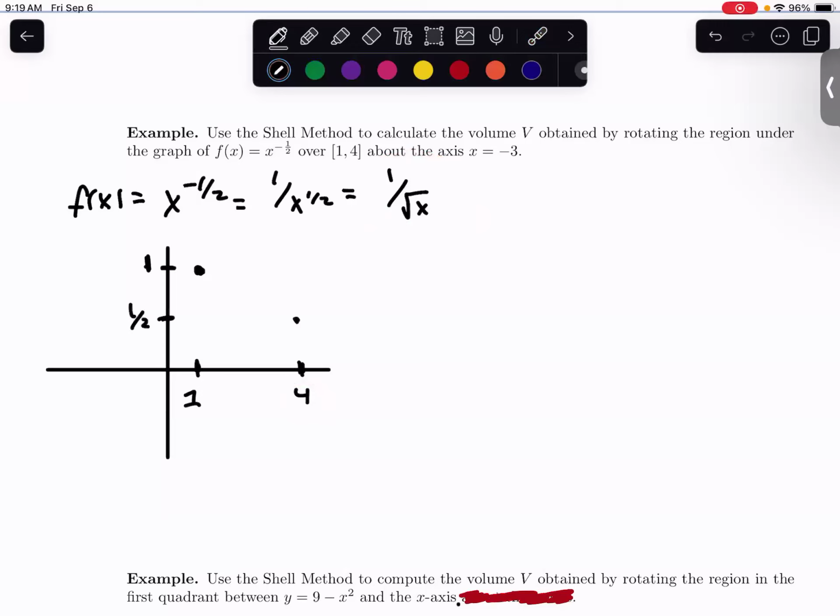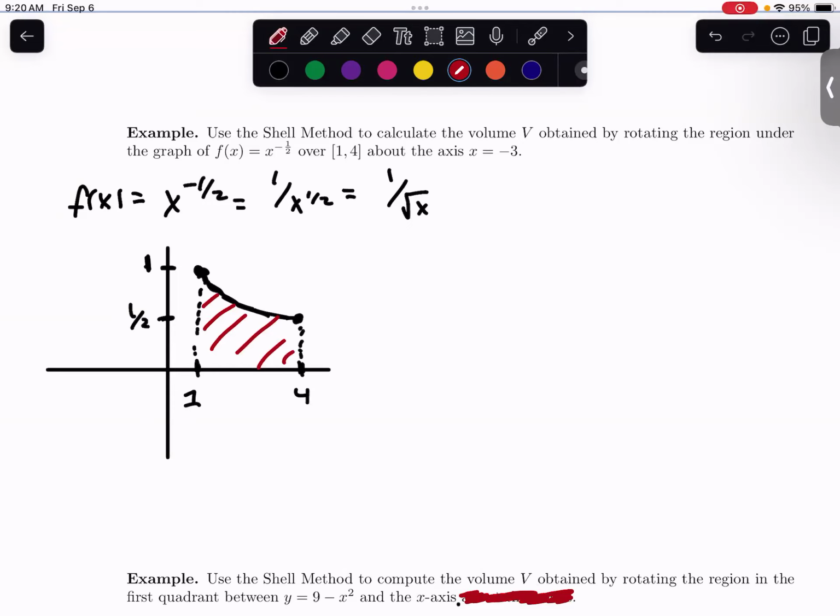So you get this point. And so the curve is going to look something like this, just connecting the dots. We're interested in the area underneath this region of the graph, so this region here.